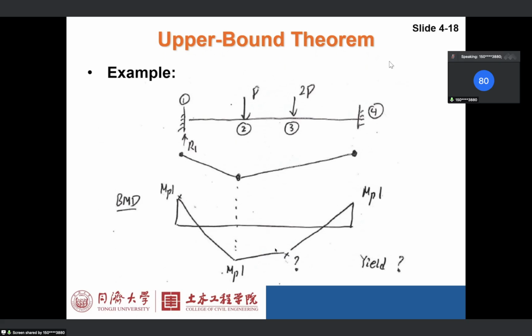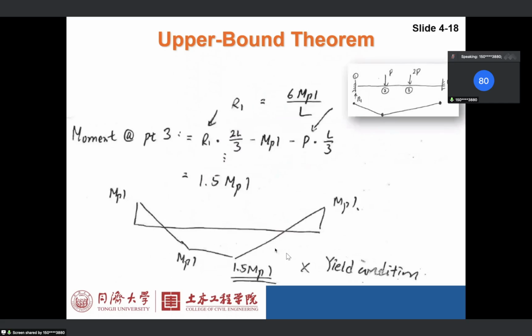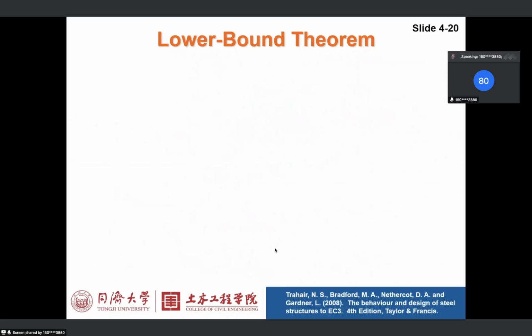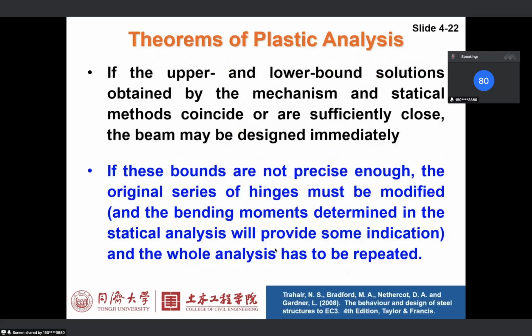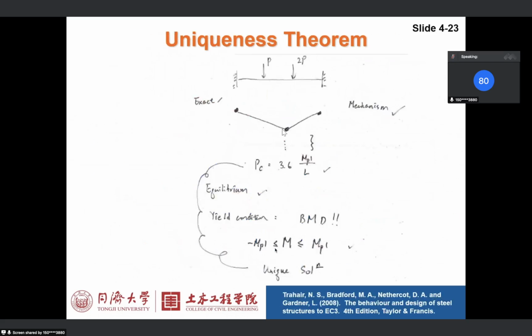Okay, so what you can do after class, I'm not going to go through this in class. Can you try to find the real answer and prove this is the real answer? So you can assume plastic hinge happens here. Okay, so assume here, and then you get the right answer. Can you try to do this after class?